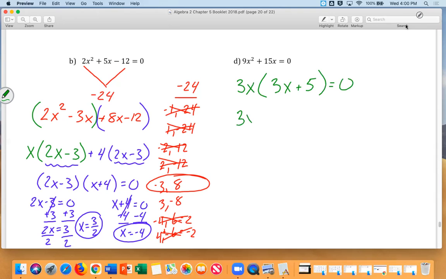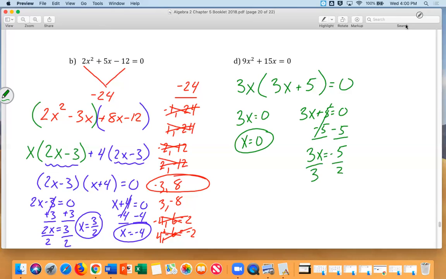So I have 3x equals 0. Well, that gives me x equals 0 real quick. And I have 3x plus 5 equals 0. Subtract 5. Gives me 3x equals negative 5. And then divide by 3. x equals negative 5 thirds.